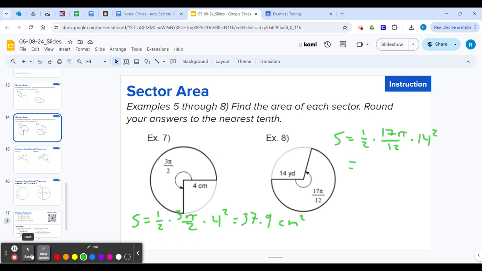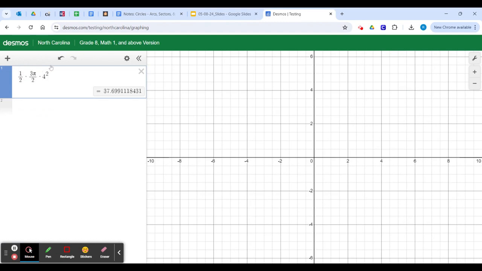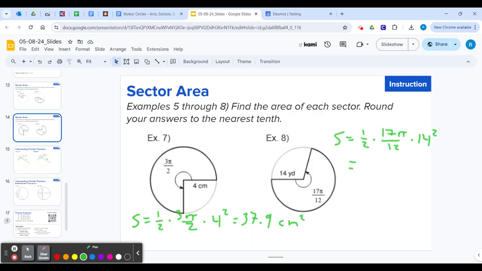And on this next one, for example 8, we have 1/2 times that 17 pi over 12, and our radius measure is 14. So that's the number that's squared there, and we get 436.2. And that's in yards squared.